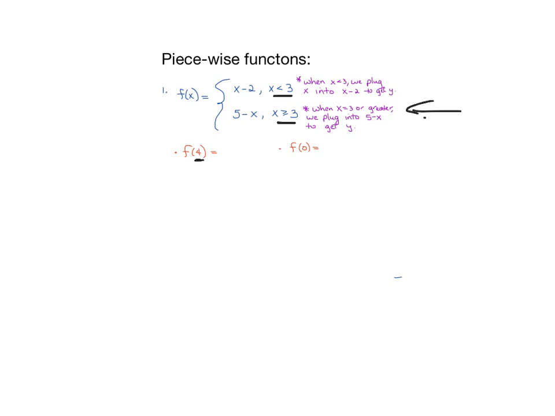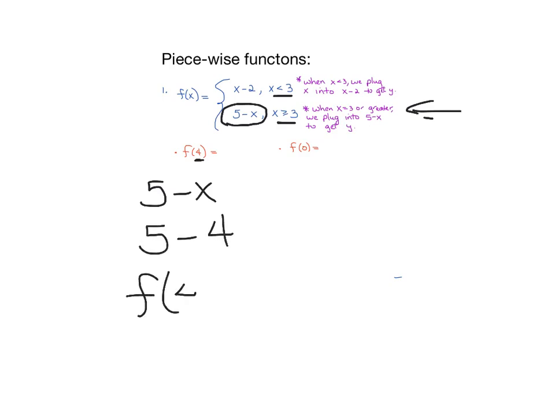So then once I figure out which interval it's in, I take the expression 5 minus x, and that's what I'm going to use. So I take out x, put in the 4, and f of 4 equals 5 minus 4, which is 1. And then if it asks you to express it as an ordered pair, you write it as (4, 1). Because remember, what's in the parentheses is x, and then the answer you get is your y.